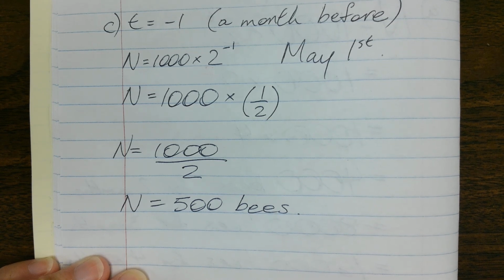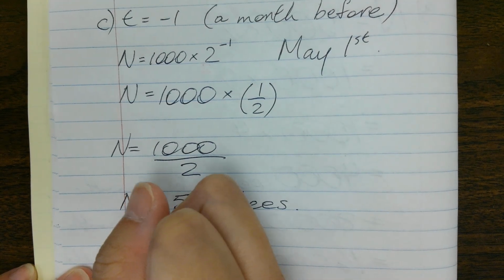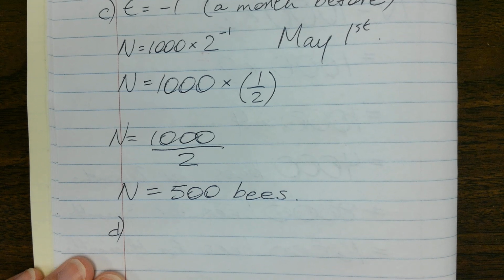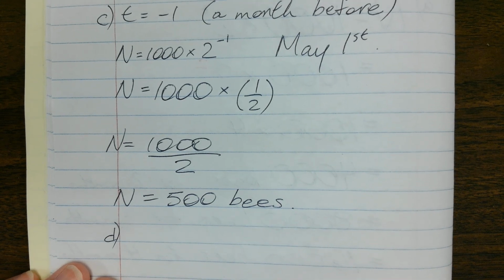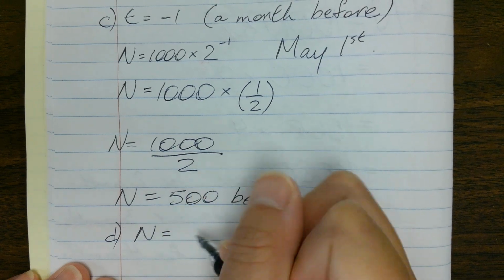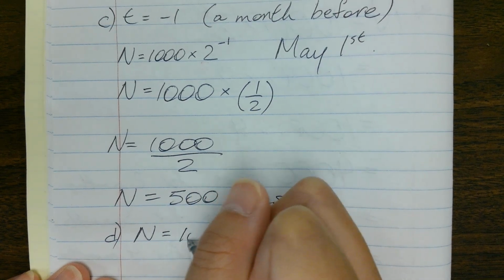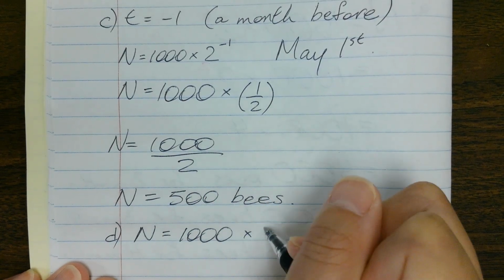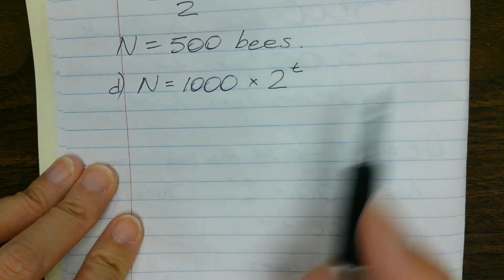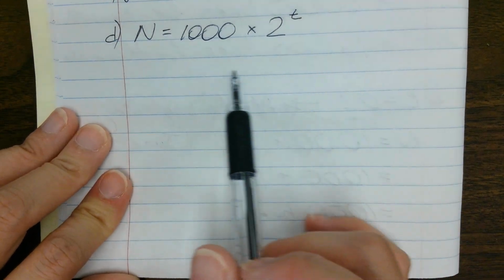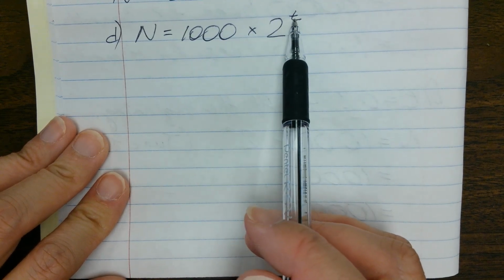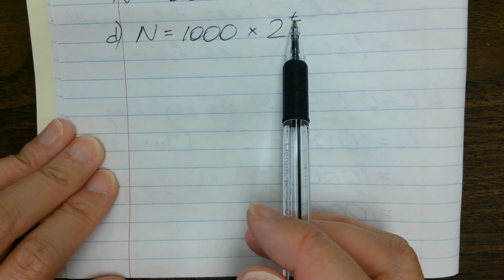Okay, so this part D, it's a little tricky. When are there 125 bees? So looking at our formula, n equals 1,000 times 2 to the t. Where do I sub in that 125? Do I replace the t with 125?